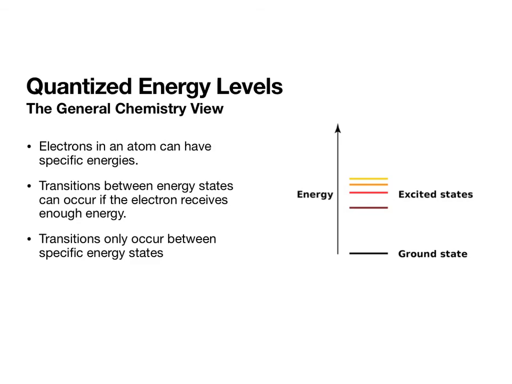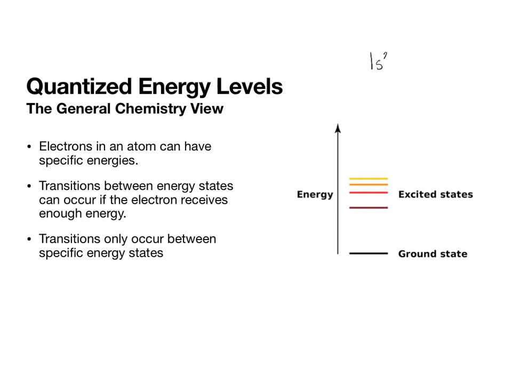Okay, so we're going to start with the general chemistry view of quantized energy levels. At one point in Gen Chem, we started talking about light and about how electrons only exist at certain energies within the atom. And this led us to the idea of electron configuration.